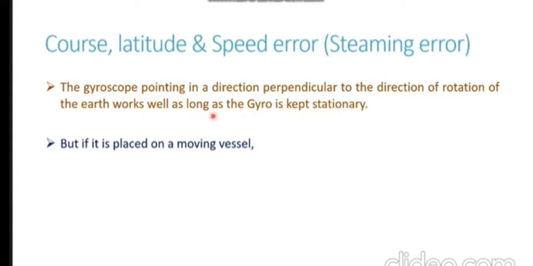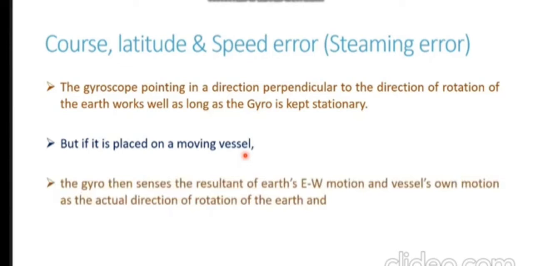But the entire scenario changes if the gyro is placed on a moving vessel. The gyro is placed on a ship which has a motion of its own.